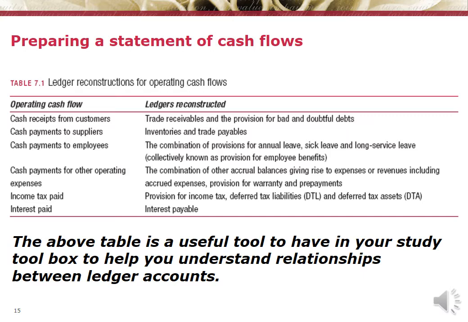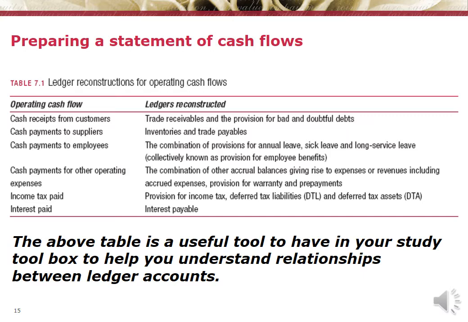So it would be the opening and closing current tax liability and the income tax expense to figure out the amount paid. However, it can get a little bit more complicated when you've got to consider the deferred tax, because you also need to consider how they have affected the income tax expense account. So you'll first need to figure out the opening and closing balance along with the expense related to those respective accounts before you determine the current tax liability and the income tax paid for the period.